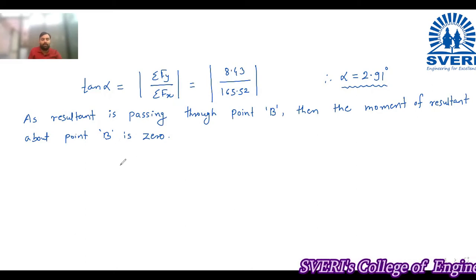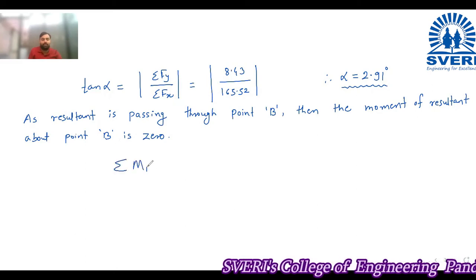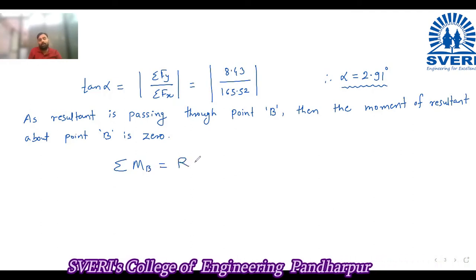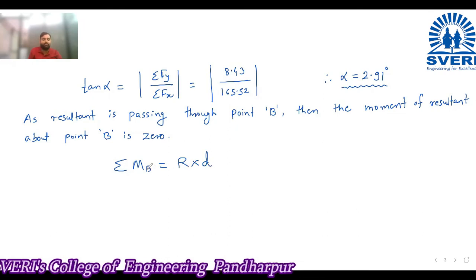So mathematically, the sum of the moments about point B is equal to what? R into d. This is according to Varignon's theorem. Okay.